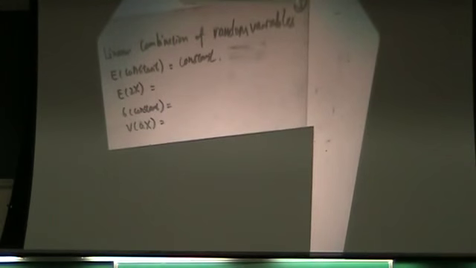The expected value of a constant is just the constant itself. Is it clear? Or do you need an explanation for this one? Clear, right?